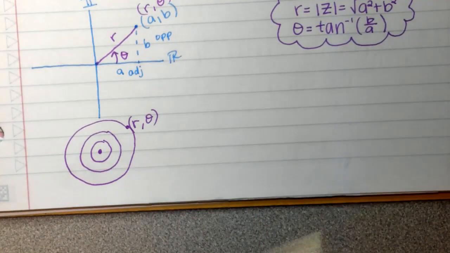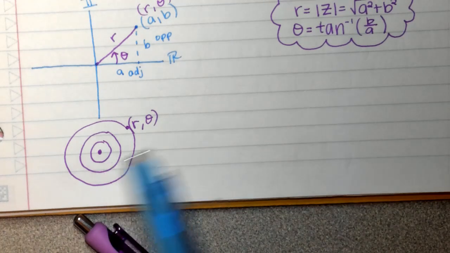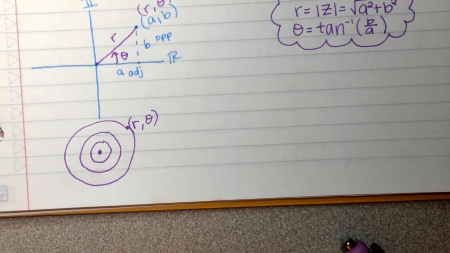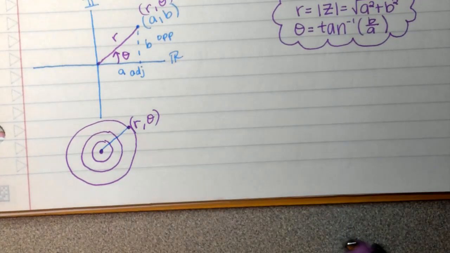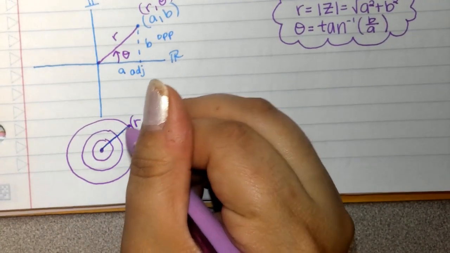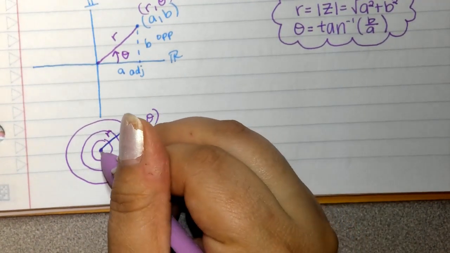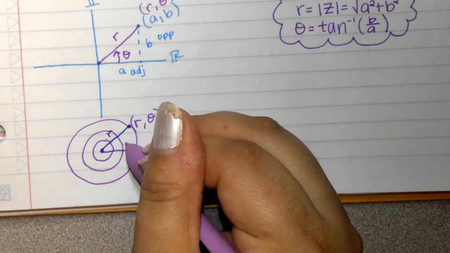Sorry, my circles are not very circular. What if I give you an R theta? How would you convert that to AB? If you know R and you know theta is this right here.